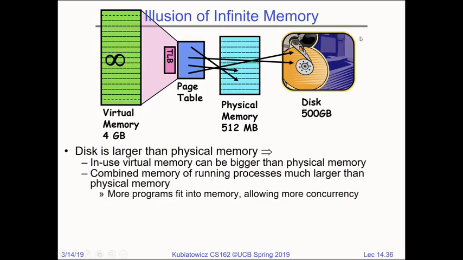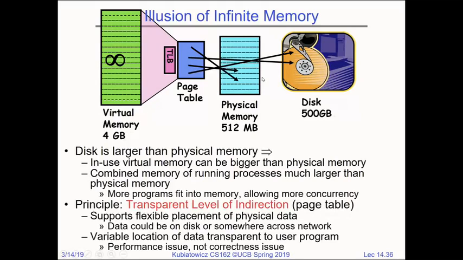So you can have a much larger image on disk than you can in memory. The idea is that this is a transparent level of indirection, which is the page table, which supports flexible placement of the data, and the variable location is transparent to the program. So basically, we are going to transparently fool the process into thinking it's got a lot more physical memory than it does by deciding how we manage that page table.